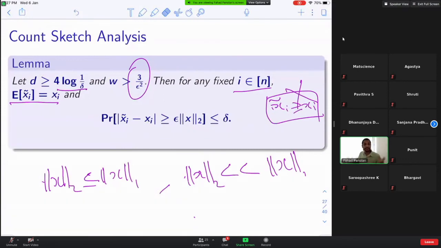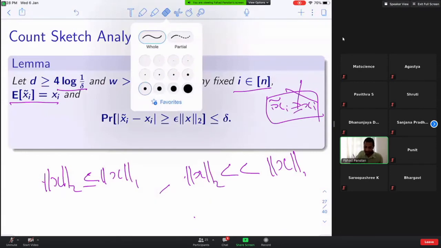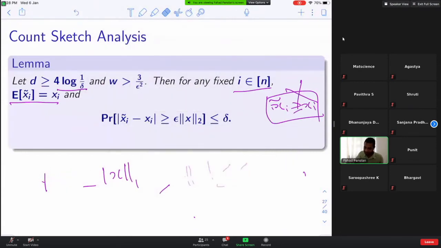The additive error factor is small in count sketch compared with count_min sketch, but you are also paying for that in terms of space complexity, which is 1 by epsilon square there. The L2 norm is less than the L1 norm, and in some cases it is much smaller. Let's not spend much time on that.